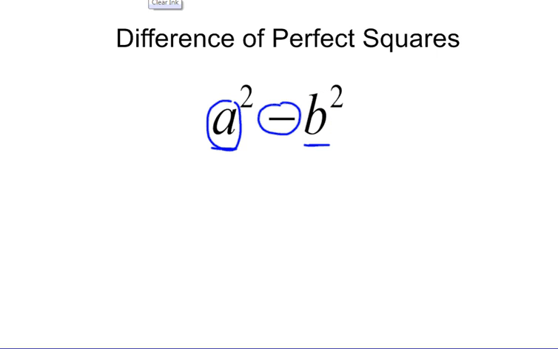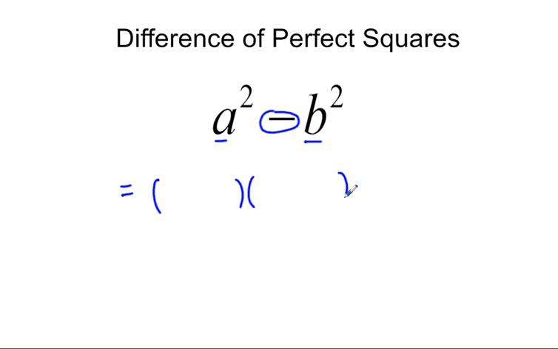Let's use this as an example, a squared minus b squared, to demonstrate how you would factor a binomial with the difference of perfect squares. When you recognize that two terms are perfect squares and there is a subtraction sign in the middle, we're going to start by writing our solution as the product of two binomials.